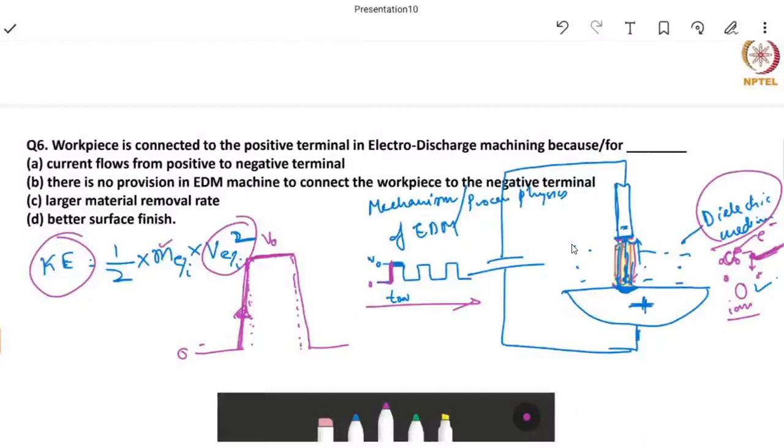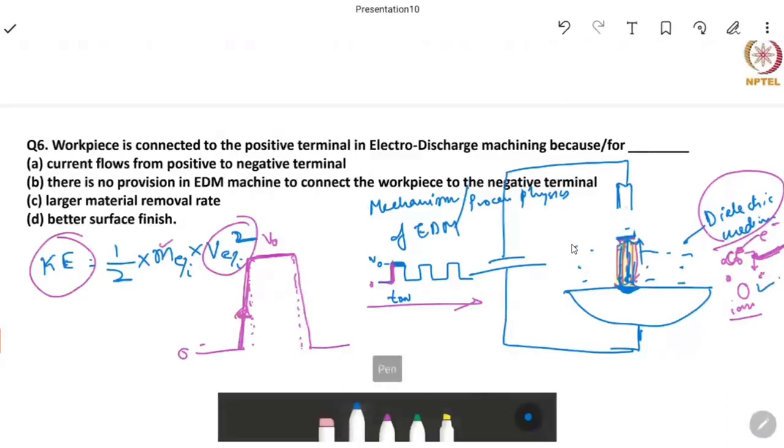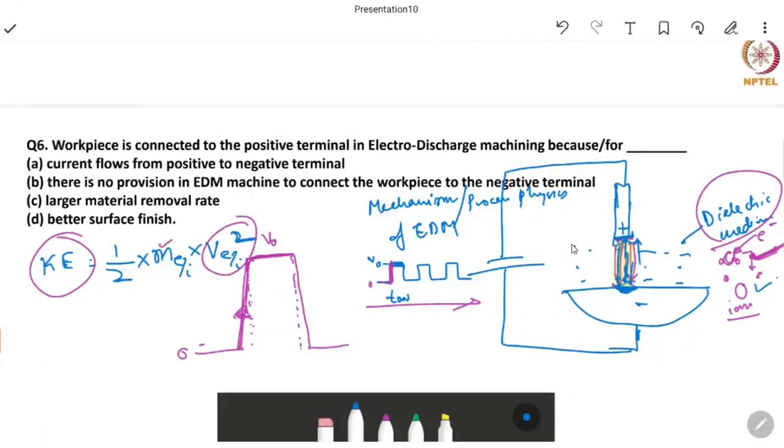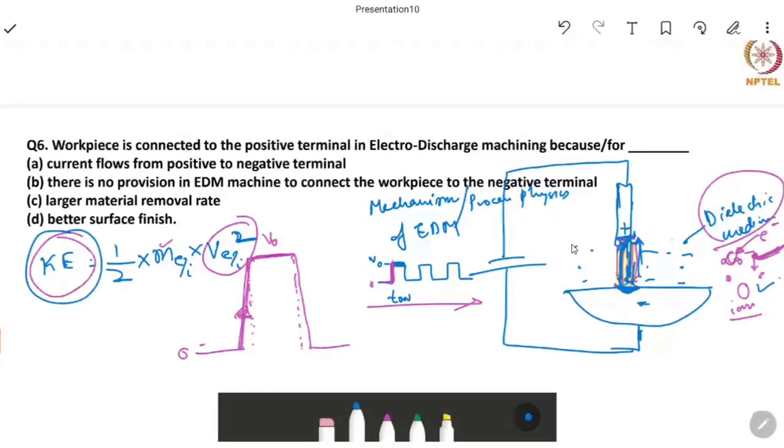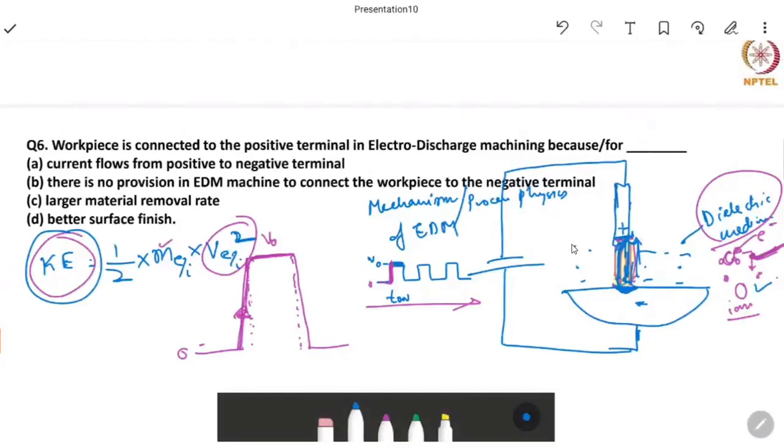On the contrary, if we had used opposite polarity, suppose the tool was kept at positive potential and the workpiece at negative potential, then most of the electrons would have flowed from the workpiece towards the tool. So more energy would participate in material removal at the tool rather than the workpiece, while only a few of the positive ions liberated due to the dissociation of the dielectric would hit the workpiece.